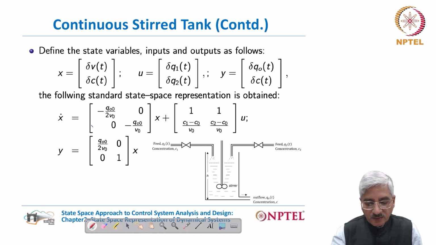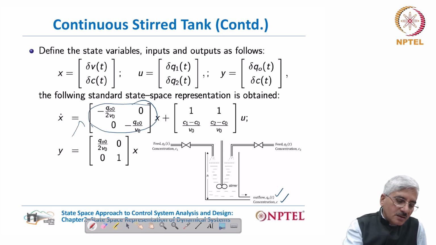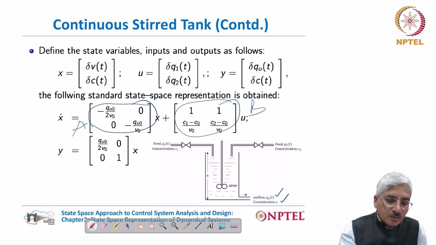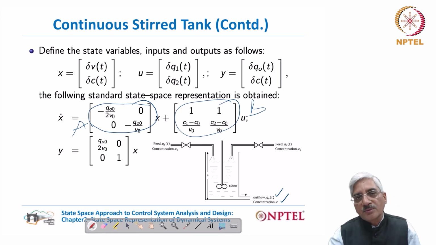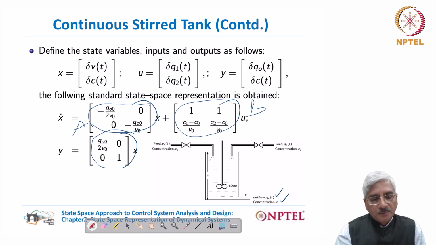And the outputs we identified as the outflow Q and concentration. Thereby we obtained this as the A matrix, this as the B matrix, each of 2 by 2. This system is interesting. It is 2 input, 2 output and 2 state, so that is why all matrices are 2 by 2.